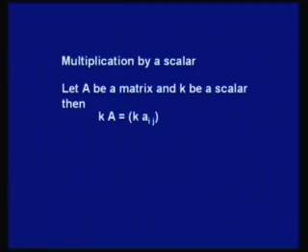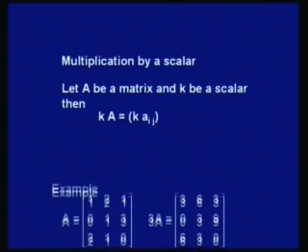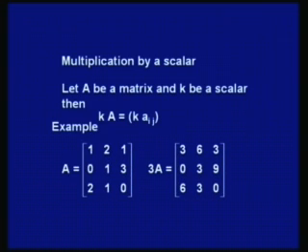By this I mean that if a matrix A is given and K is a scalar, then the matrix KA is obtained by multiplying each element Aij of the matrix A by K. So this matrix Kaij is the matrix obtained by multiplying by scalar K. Example: if I have a 3 by 3 matrix as this, then 3A is obtained by multiplying each element of this matrix A by 3.